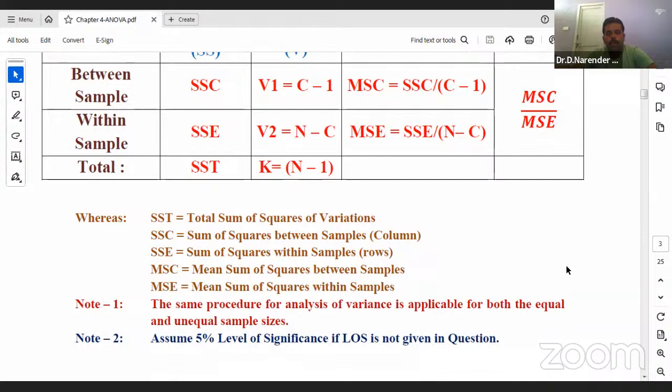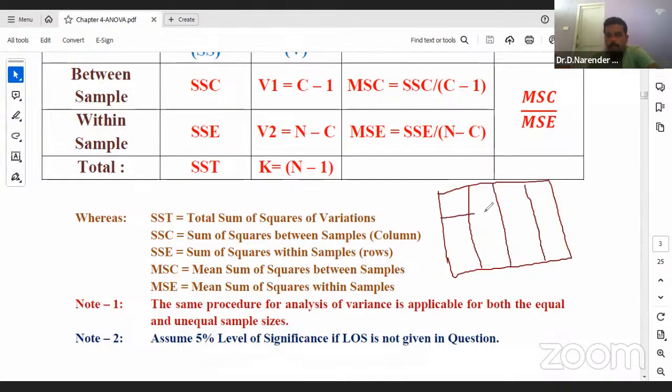Note number one: the same procedure for analysis of variance is applicable for both equal and unequal sample values. Note number one is most important here. Why? Because, for example, the problem will be like this. I'm drawing a small table with some different numbers.